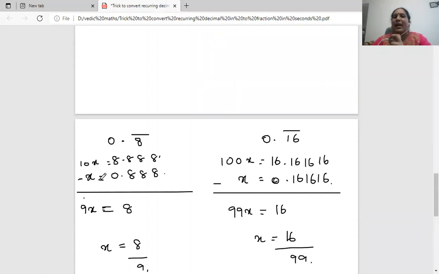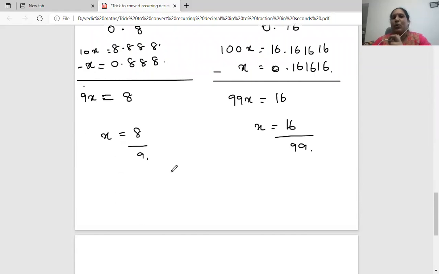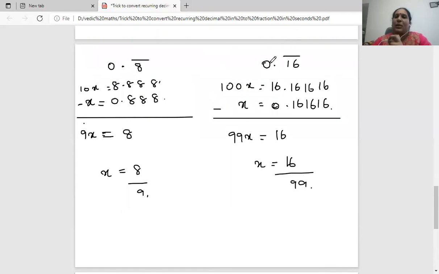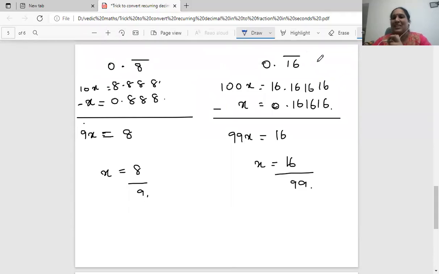We take x equals 0.888, then 10x equals 8.88, then we subtract and simplify to get x equal to 8 by 9. Suppose the question is 0.16 bar, then x is 0.1616 and 100x is 16.1616, then subtract and simplify to get your answer.